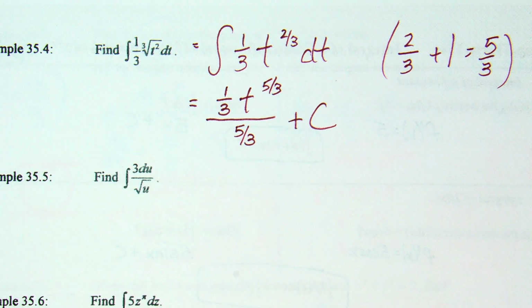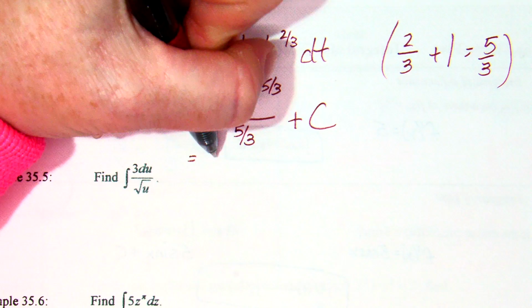Obviously, we don't leave it like this, right? What do you know about dividing by a fraction? It's multiplying by the reciprocal. So dividing by 5/3, I can move up to say multiplying by 3/5. So think 3/5 times 1/3 t to the 5/3.